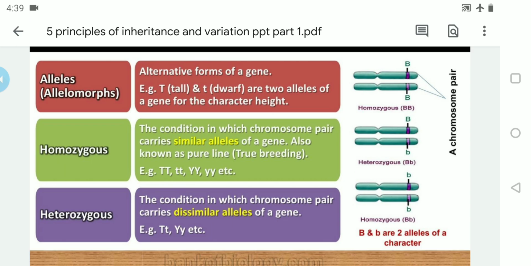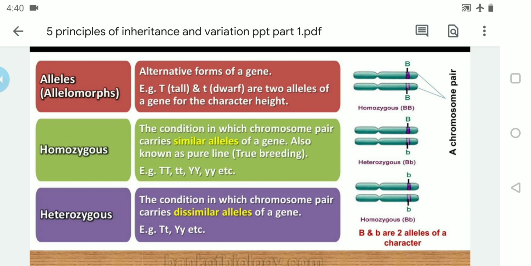See here on the right side of the slide, it may be present in a particular region of the chromosome, the alternative form of the genes. For example, tall and dwarf are two alleles of a gene for the character height.